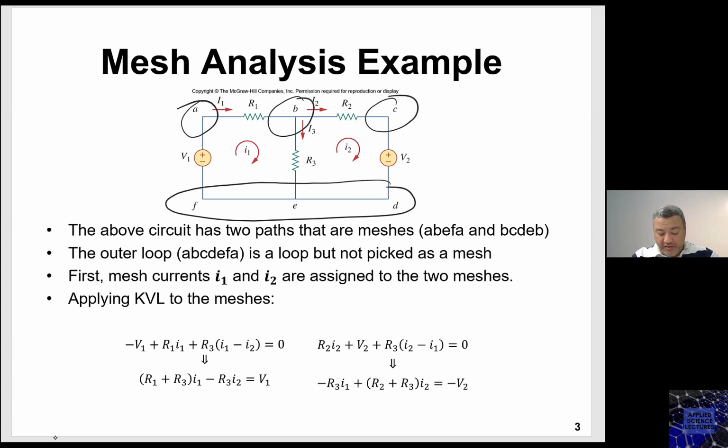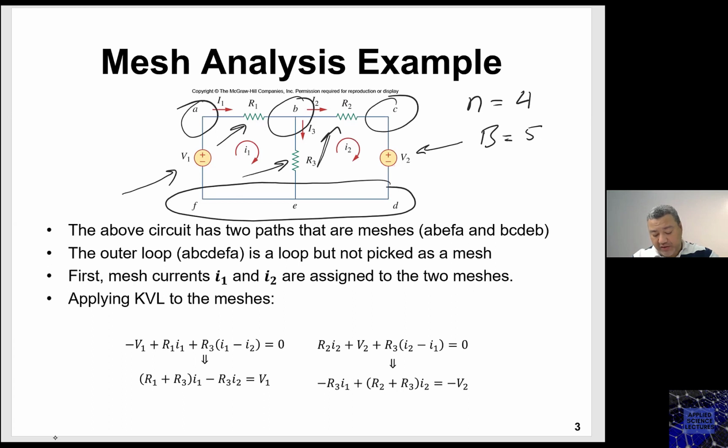So in this example, the number of nodes is 4. For the number of branches, count the elements that are confined within those nodes. I have 1, 2, 3, 4, and 5. So I have 5 branches.